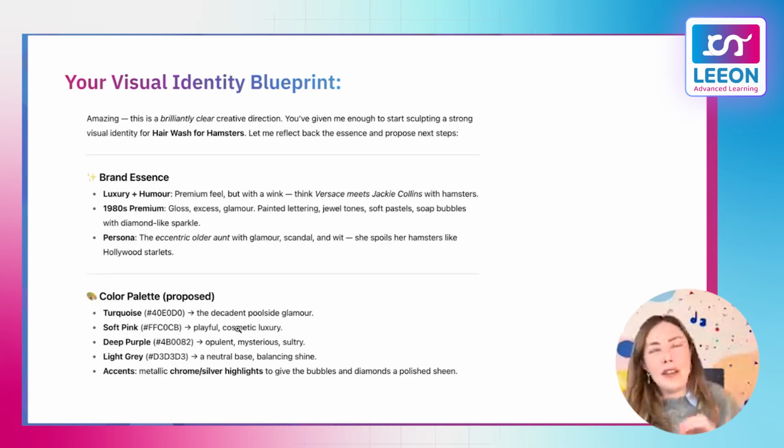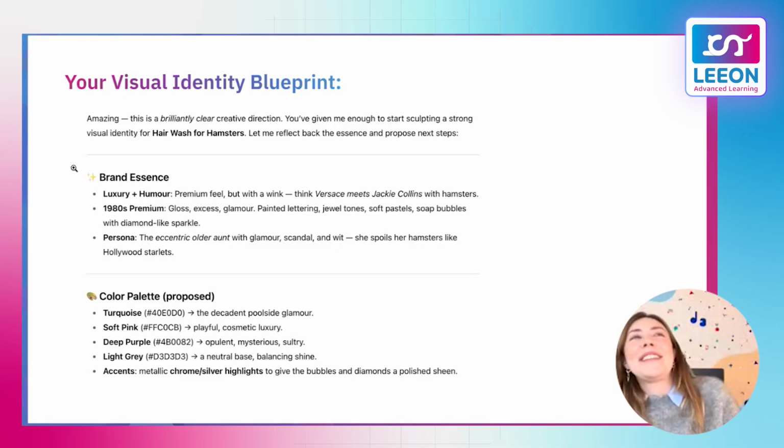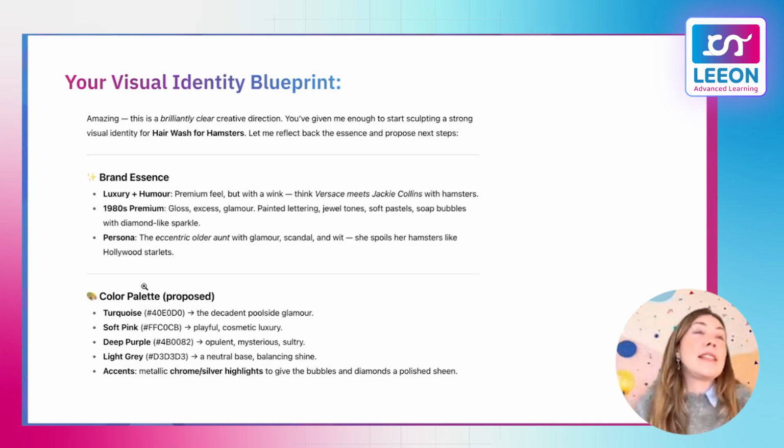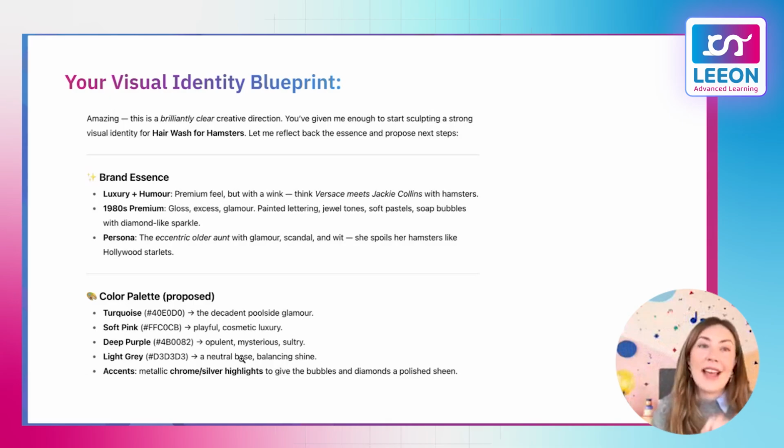ChatGPT thinks that we have a brilliantly clear creative direction. So now we can start building on hair wash for hamsters. We've got the brand essence, that luxury humor, 1980s premium. It's given us a palette. Really nice because it's also given us hex codes.